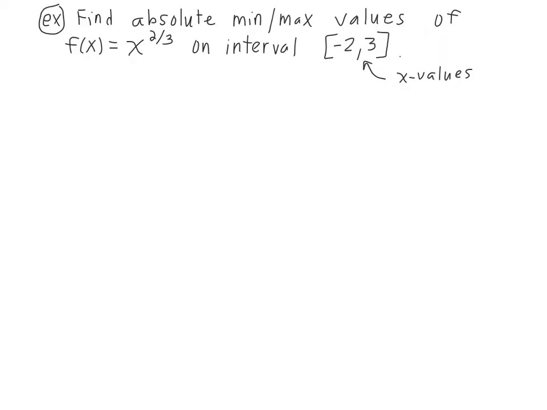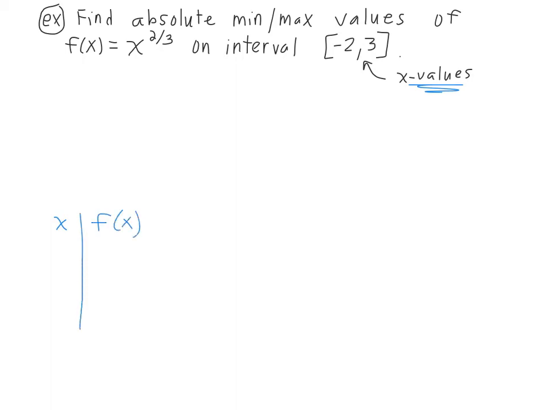Okay, let's look at an example. Suppose we want to find the absolute min and max values of this function f of x equals x raised to the 2/3 on the interval from -2 to 3, including -2 and 3. Keep in mind this interval represents x values. Alright, so anytime you're asked to find an absolute min and max, what you want to do is create a table.